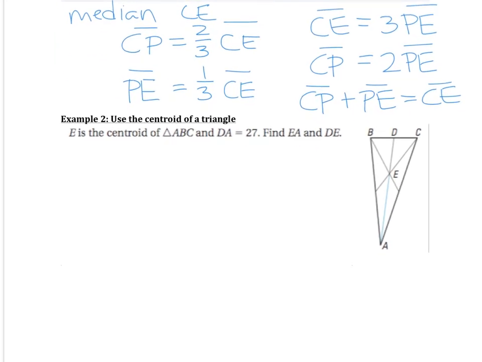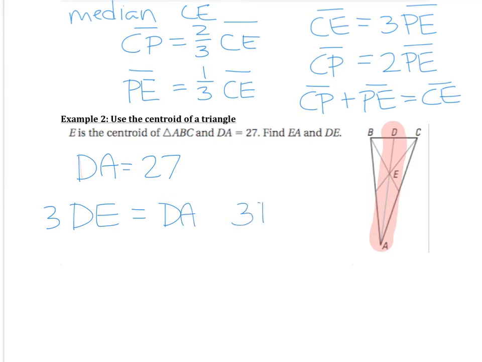Okay, so let's put it into practice. E is a centroid, DA, the whole length, let's just look at this one, is 27. Since I know DA is the whole length, I can find the shorter length, DE, because 3 times that equals DA. So 3 times DE equals 27, divide by 3. So DE equals 9.